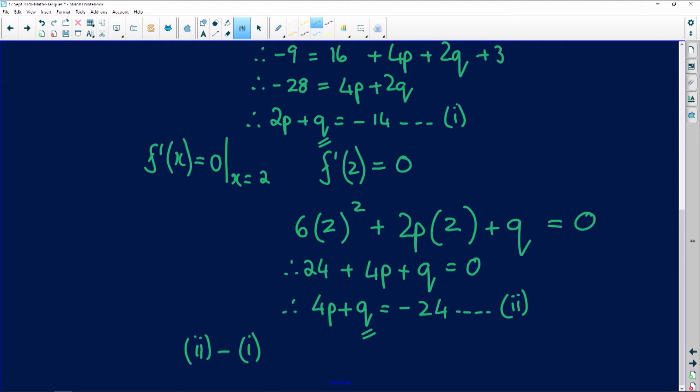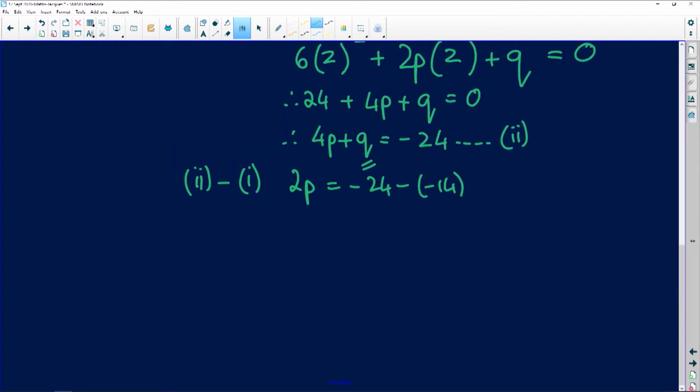So 4p minus 2p gives me the 2p. Here I have minus 24 minus, look at this now, minus the minus 14. Let me erase that part and just put the minus in. Minus 14. Okay, and that's a beauty of an equation.